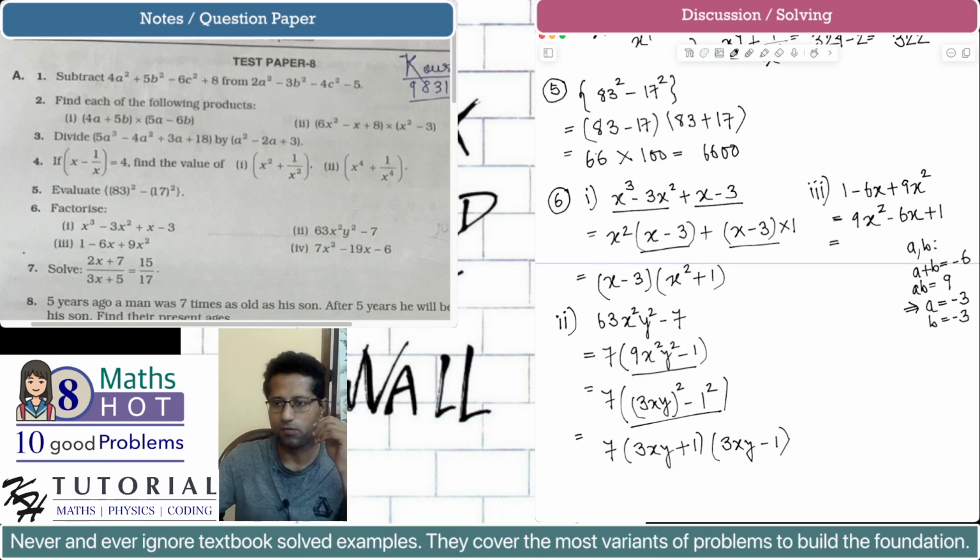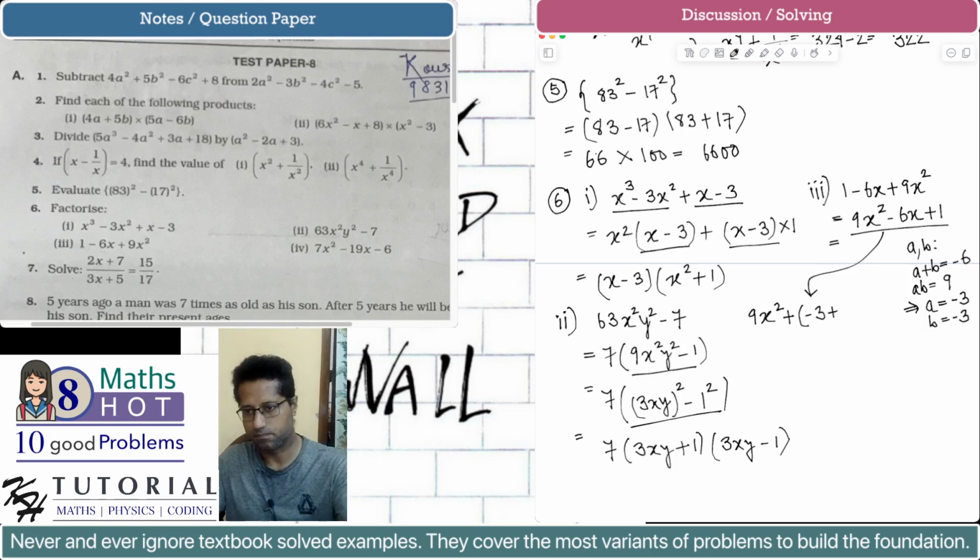So once we have found a and b, we will rewrite this expression as 9x square, and instead of the minus 6x, we will write a plus b, that is minus 3x minus 3x, plus 1.